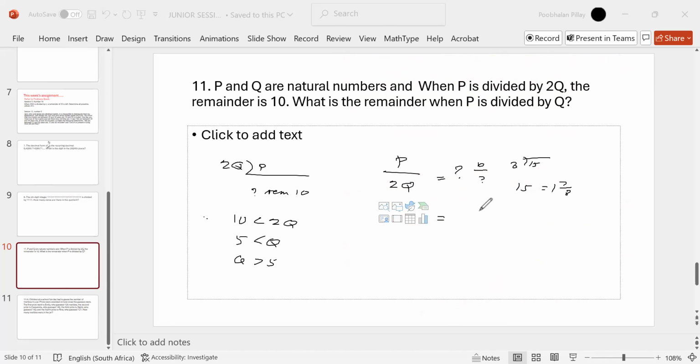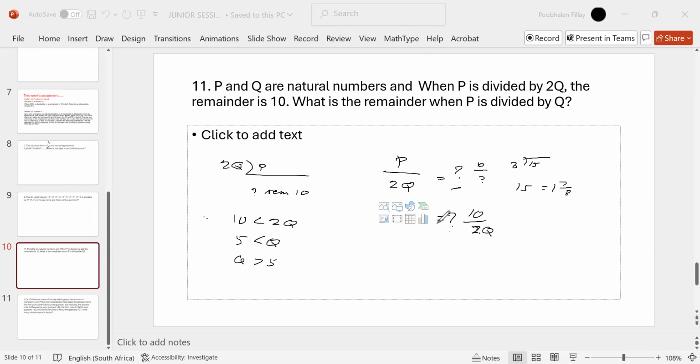So what we've got here is the remainder is B. You got something like that. This is the remainder here, right? And this is 2q. Because when you're dividing p by 2q, then you'll have something and this over 2q.